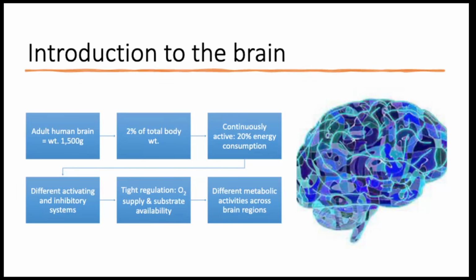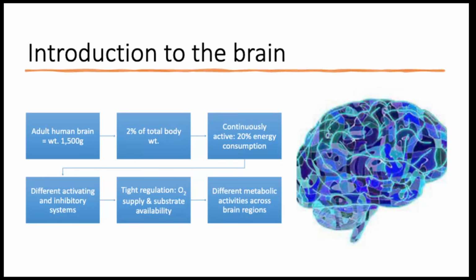There are different activating and inhibitory systems in the brain that keep us awake and make us sleep and regulate our level of wakefulness. There is tight regulation of oxygen supply and substrate, in particular glucose availability.